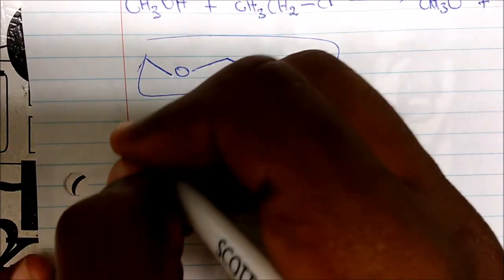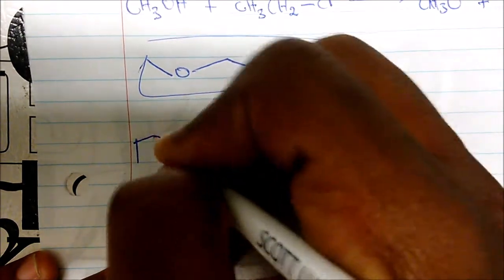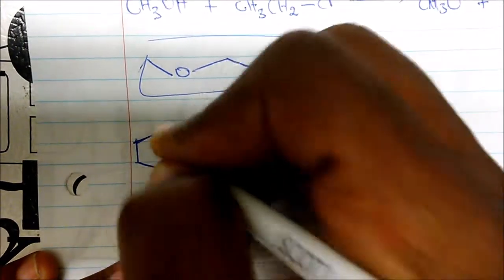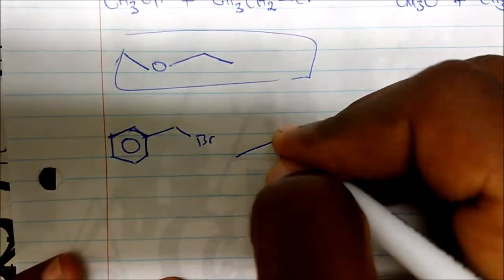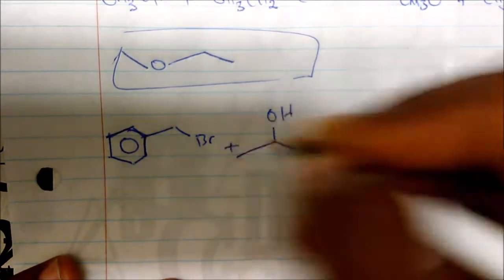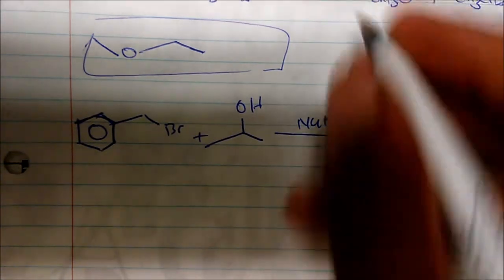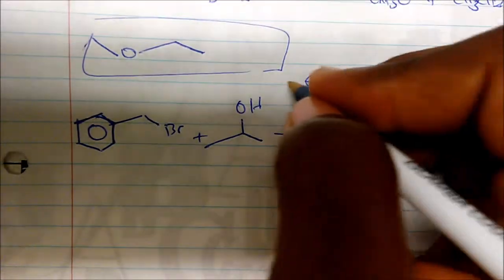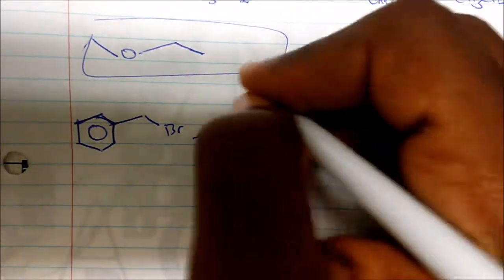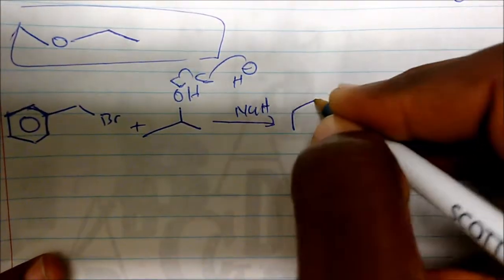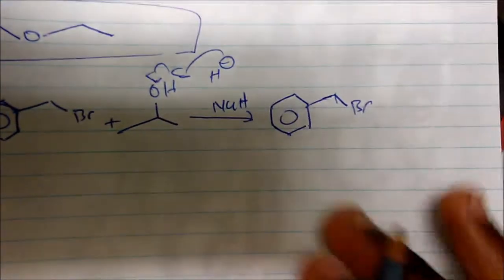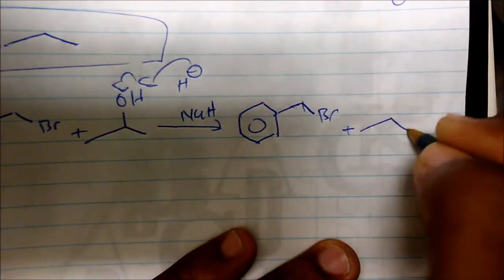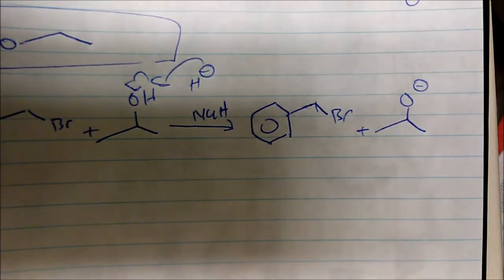So let's look at another one. There should be a cyclohexane ring, benzene ring. All right, and we're going to add this reagent to it and sodium hydride. So the first thing that's going to happen is the non-nucleophilic base deprotonates my oxygen to give it a negative charge. So I have my bromine here, plus my now alkoxide.